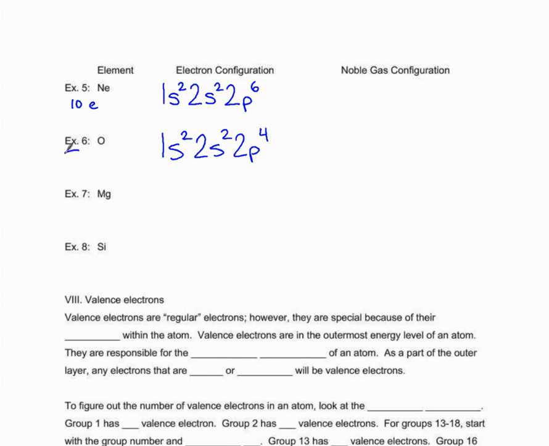So oxygen has 8 electrons when it's neutral. 2 plus 2 is 4, plus 4 is 8. And we're done. And when we're talking about this, we would say 1s2, 2s2, 2p4.